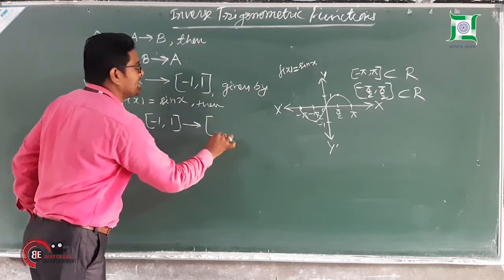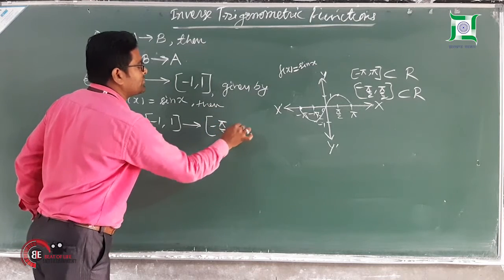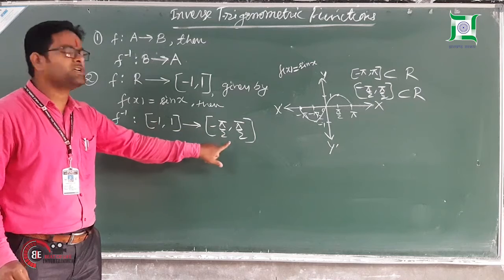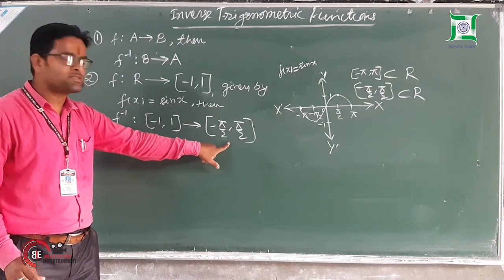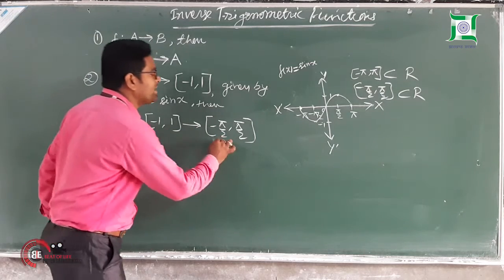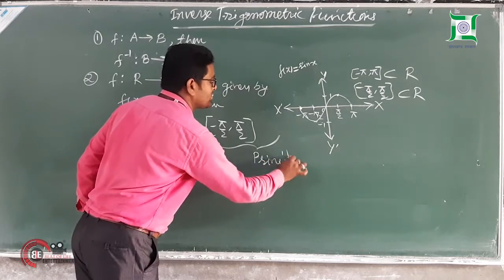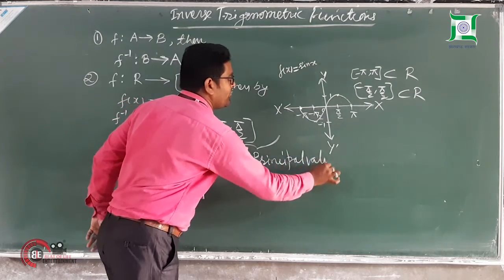I will restrict it to minus pi by 2 to pi by 2. Now see, this restricted range is known as the principal value branch.